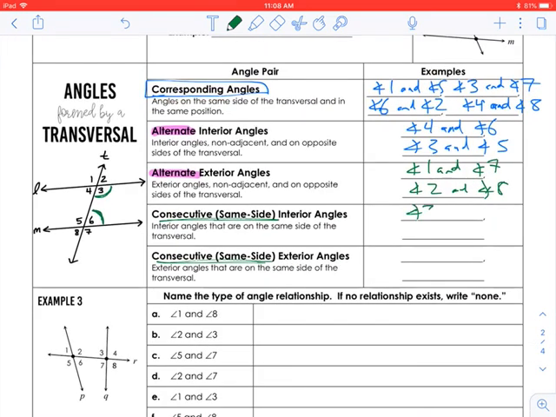So angle 3 and 6, and same thing, 5 and 4. So angle 4 and angle 5 are consecutive interior angles, while 8 and 1 are consecutive exterior. So 8 and 1 are exterior consecutive because they're on the same side and outside. So 1 and 8 and angle 2 and 7.